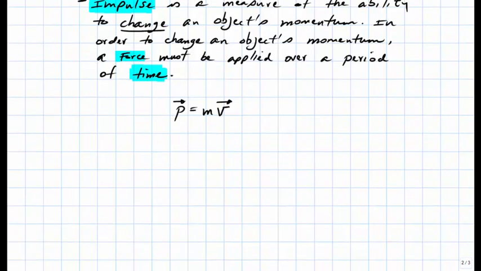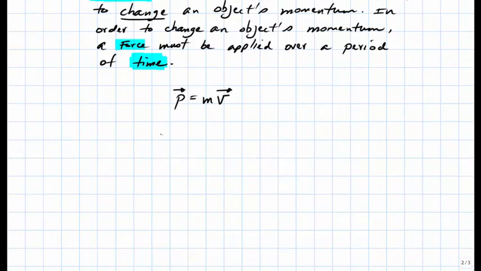To indicate change, we're going to install a triangle or a delta. Delta, of course, means change. So a change in momentum will equal mass times the change in velocity. Now I'm going to introduce a trick. The trick involves dividing both sides by delta t.